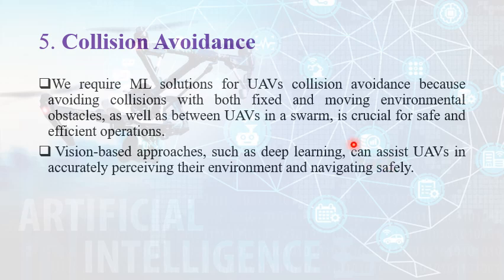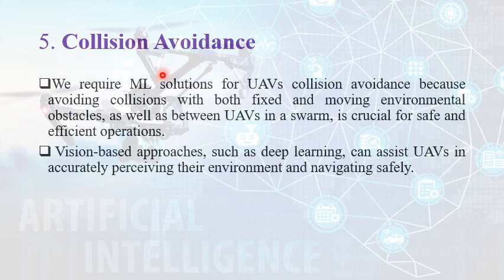Okay, collision avoidance. Imagine we have a UAV swarm. We have multiple UAVs. They are flying. We need to avoid collision between these UAVs. Also avoid collision with fixed objects. Avoid collision with moving objects. And this collision avoidance is very critical for the safe operation of the UAV.